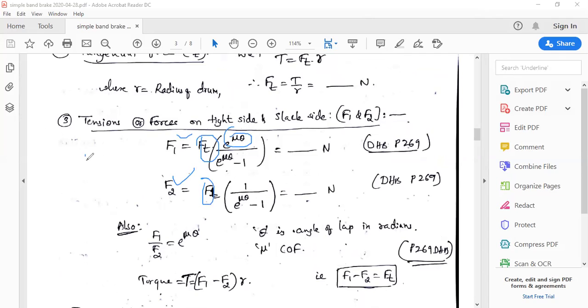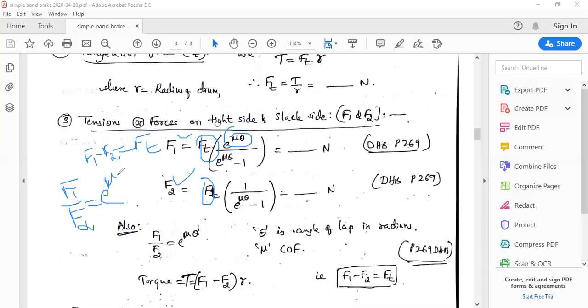We use the fundamental expression F1 minus F2 equals Ft, and also another relation, F1 by F2 equals e raised to mu theta.